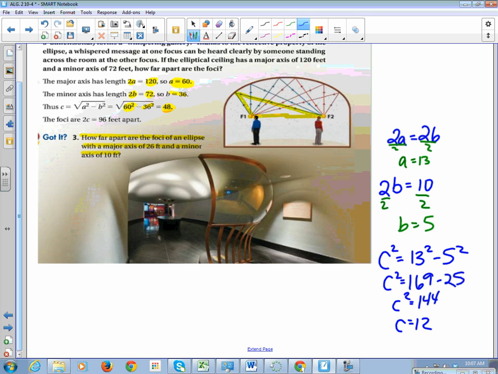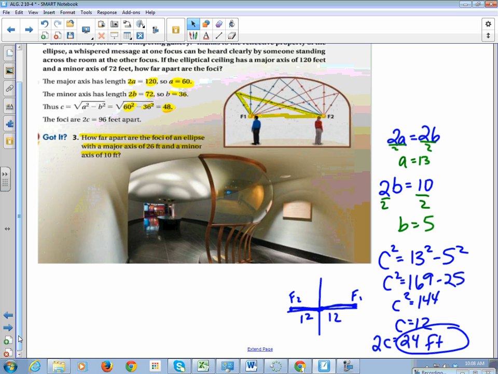So remember, 12 is this distance. So if I'm going foci to foci, I need to add in another 12. So 2c equals 24. So the distance between the two foci is 24.